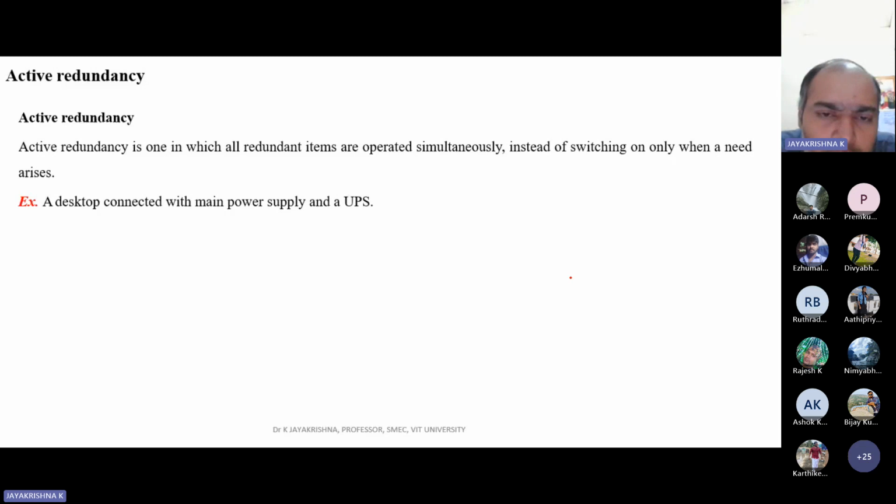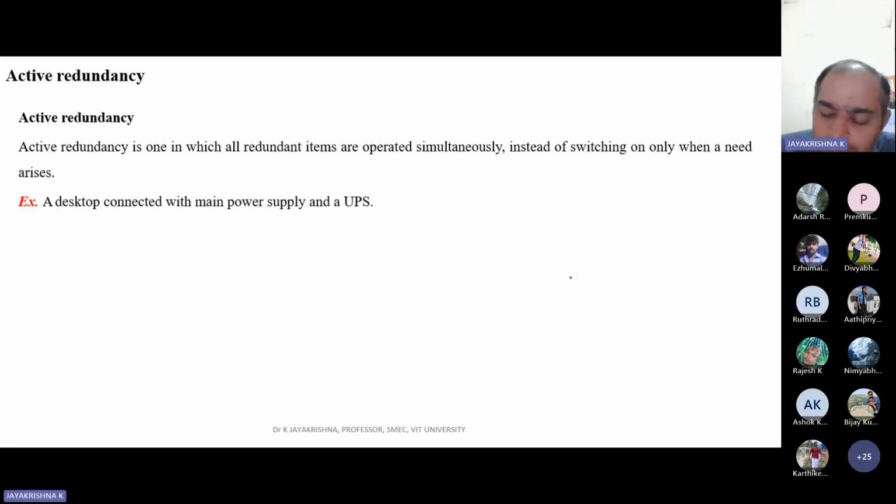Automatically the UPS in your home takes the position of the regular power supply, and it ensures the effective functioning of your desktop. Are you able to understand? So that means the UPS is also live, the main power supply is also live. When the main power supply cuts, the UPS takes its position. Correct. So this is what we call active redundancy. Are you able to understand this active redundancy?